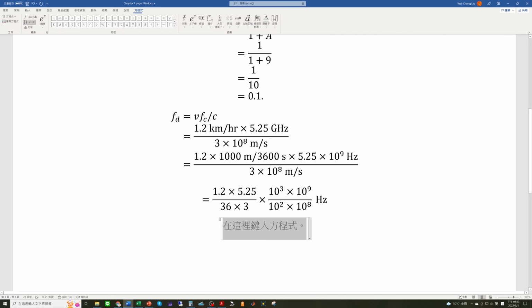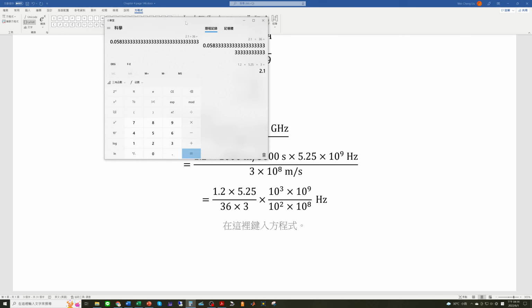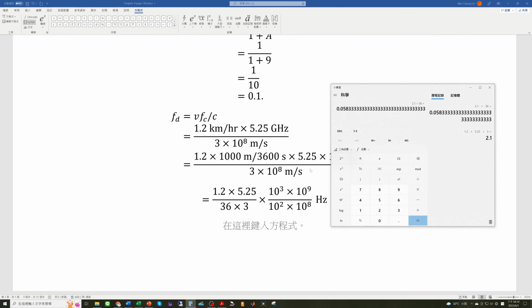So next, we can use the calculator to find the value of this equation. First is 1.2 times 5.25 divided by 36 and divided by 3.